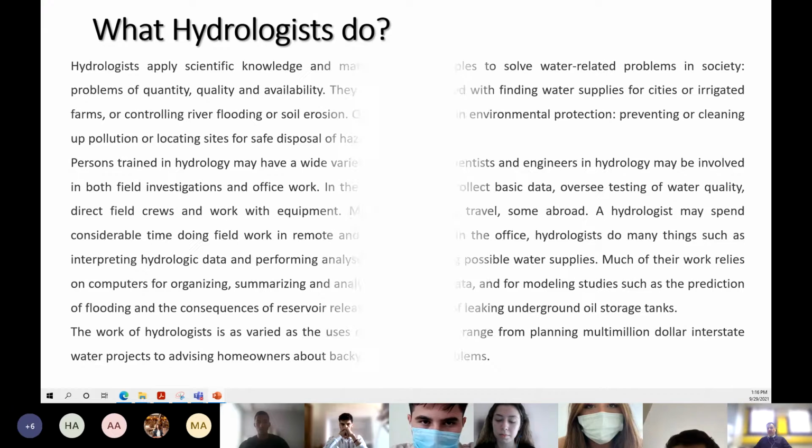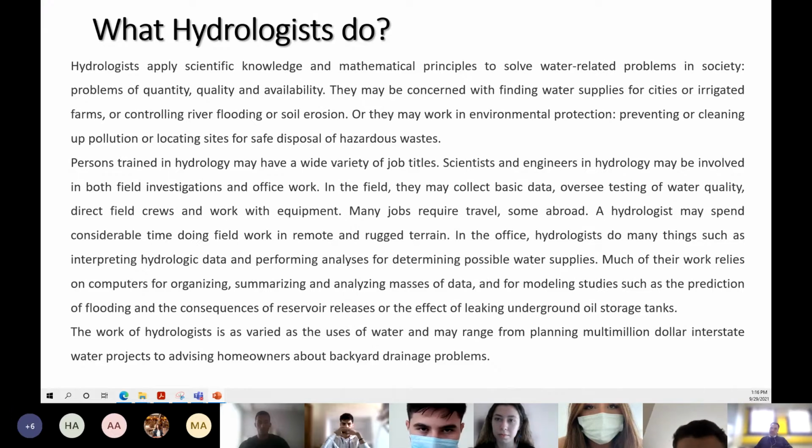The objective of hydrology is summarized here. As a hydrologist, you apply scientific knowledge and mathematical principles to solve water-related problems in society: problems of quantity, quality, and availability of water.